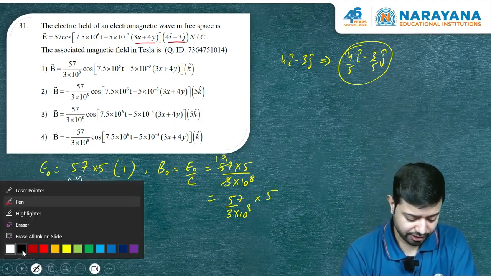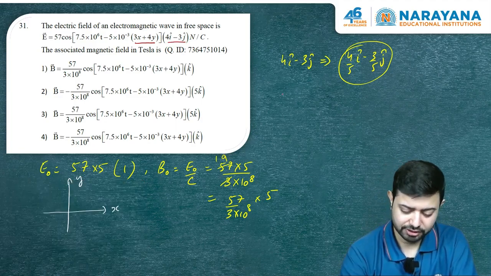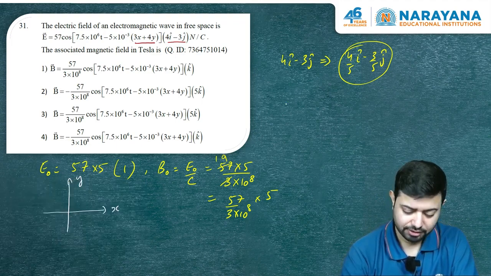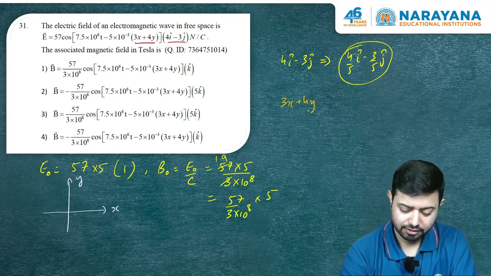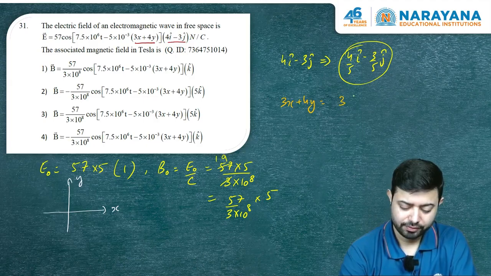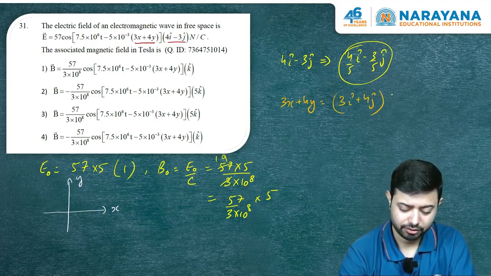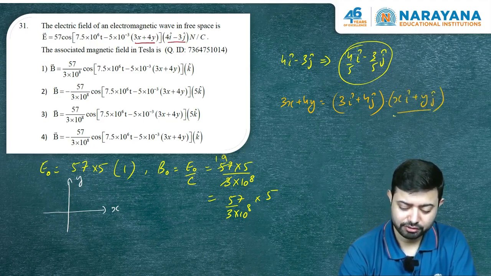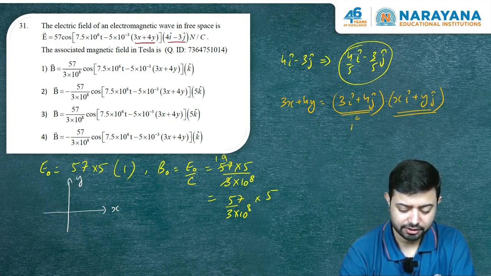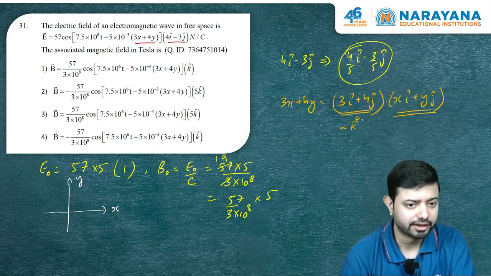This 3x plus 4y, from the standard equation, can be written as (3 i cap plus 4 j cap) dot (x i cap plus y j cap). So this is my position vector and this is my k vector. The k vector direction is going to be proportional to that.